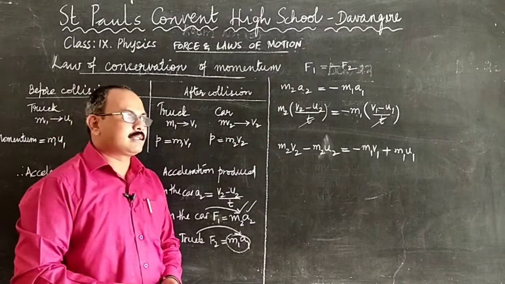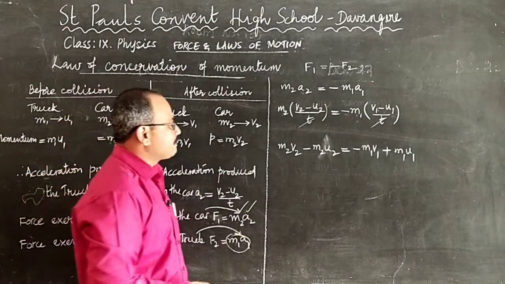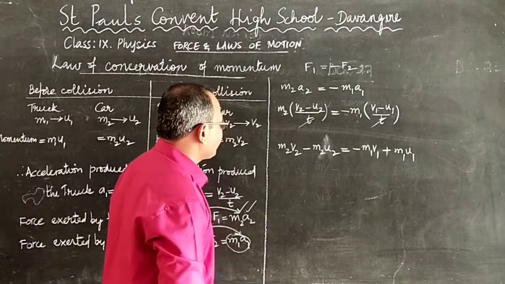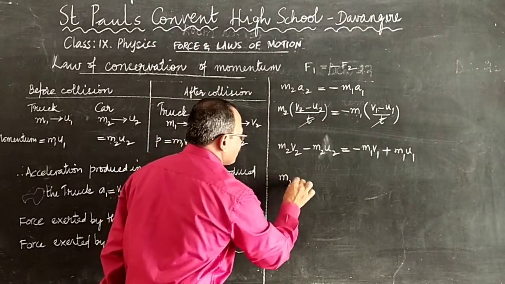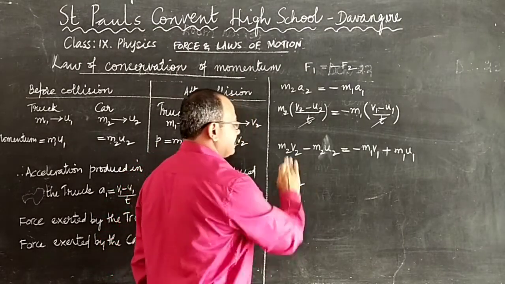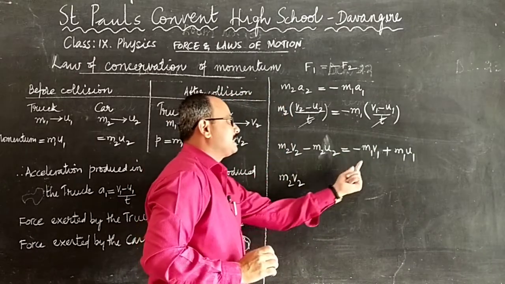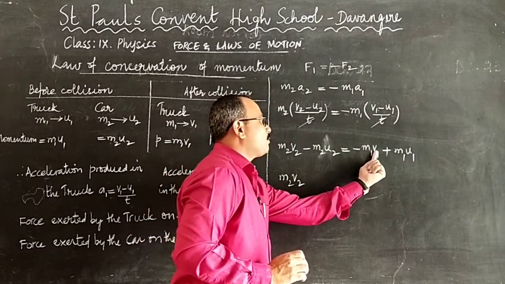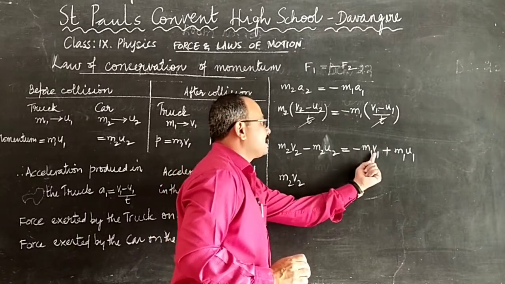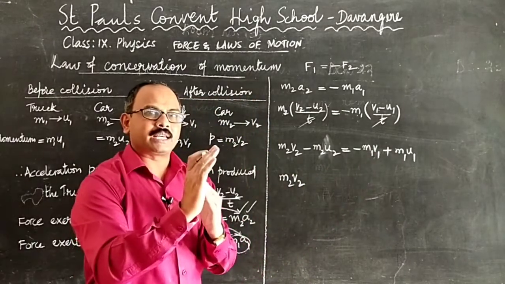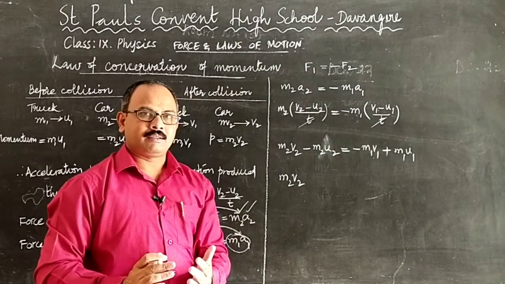Now the last step, children. m2 v2, let it be here only. Let me take this towards this side, because we want all the final velocities, the v's, together and all the u's together.